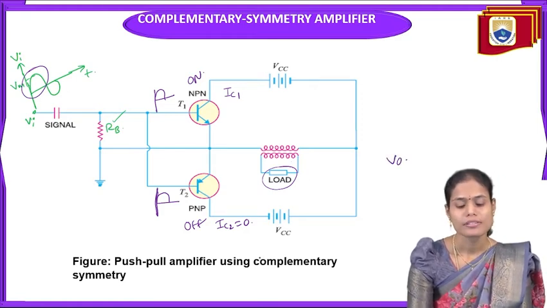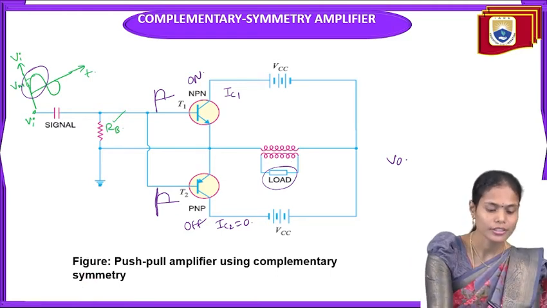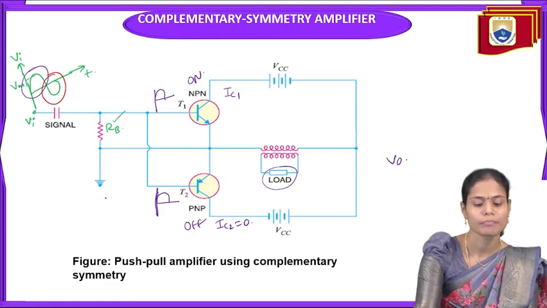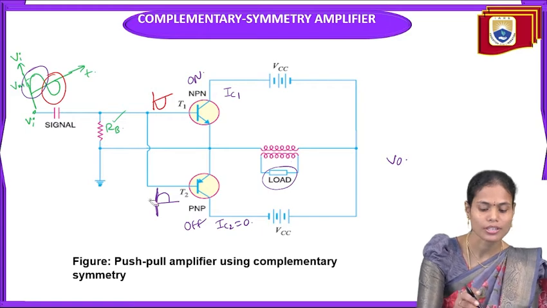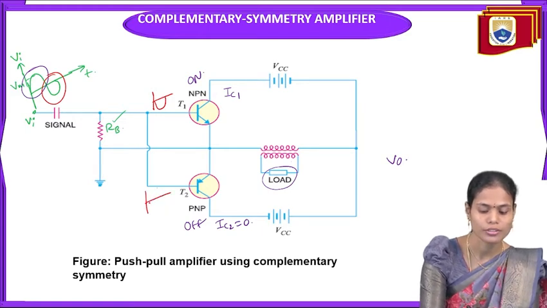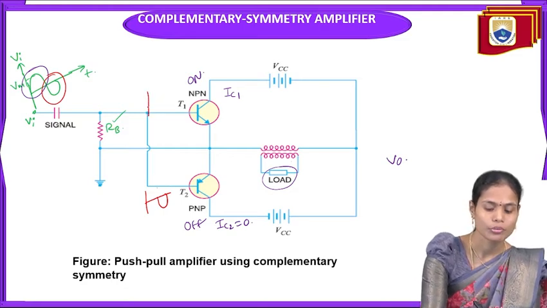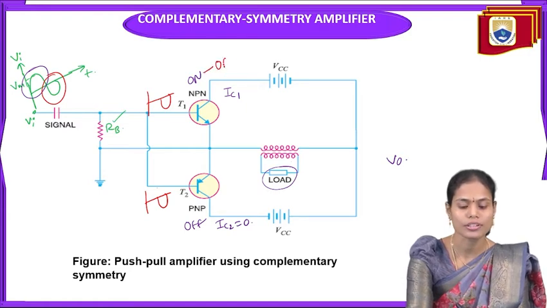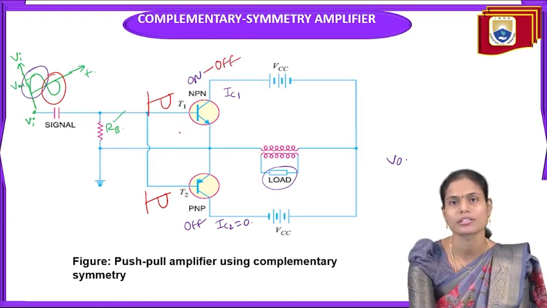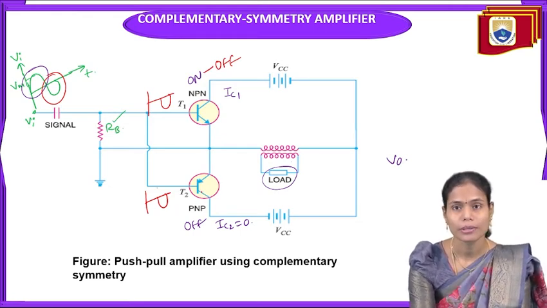Similarly, if we take the negative half cycle as the input signal, we provide the negative half cycle to both the transistors. When you apply the negative voltage to both the transistors, the transistor T1 changes from on to off state, because we are providing the reverse polarity of the signal. While the PNP transistor changes from off to on state.